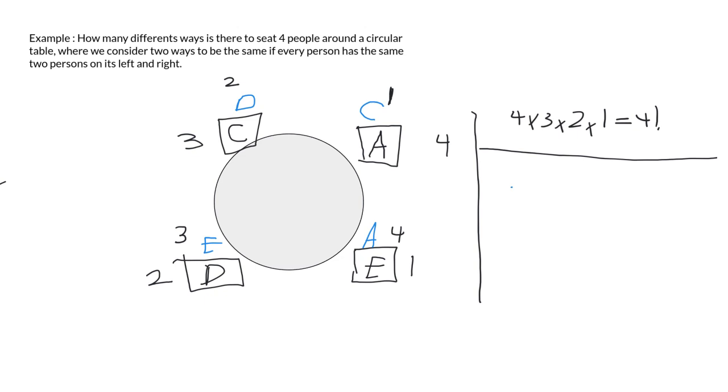So the answer will be, sorry, 4 factorial divided by 4, which is 3 times 2 times 1, which is 6.